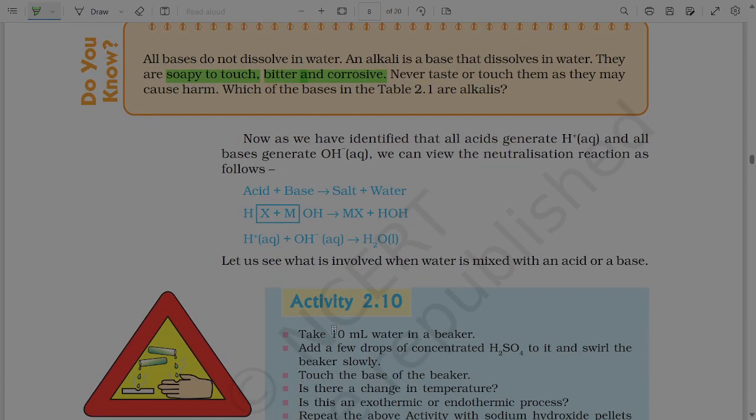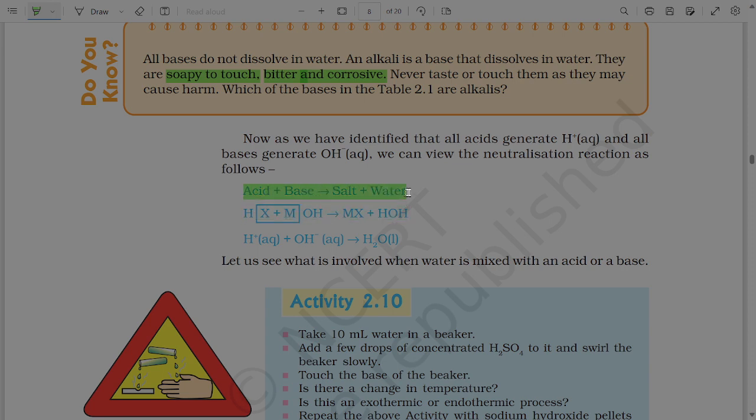Now, as we have identified that all acids generate H plus aqueous ion or hydronium ions, and all bases generate OH minus aqueous ions or hydroxide ions, we can view the neutralization reaction as follows. When acid and base react, they produce salt plus water.